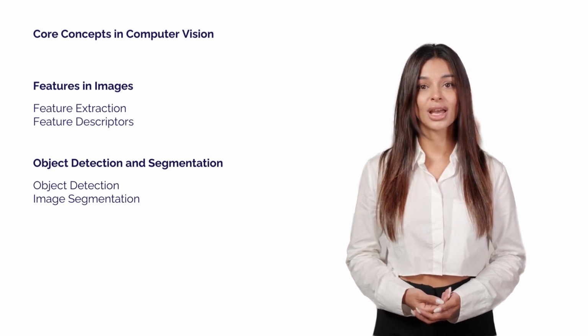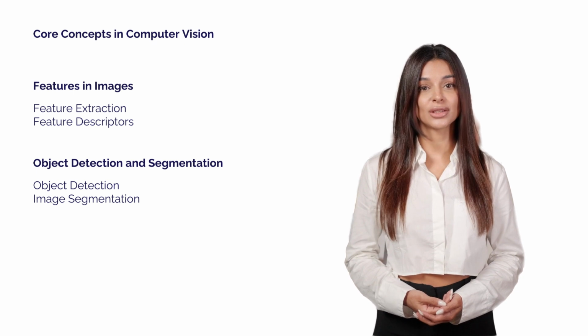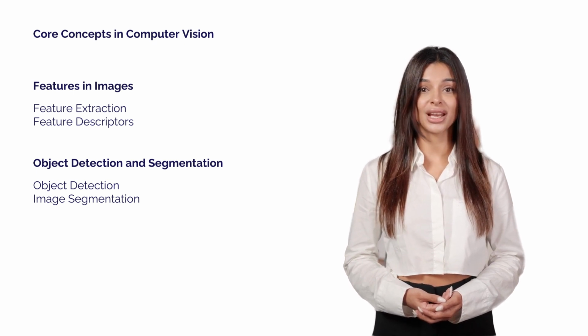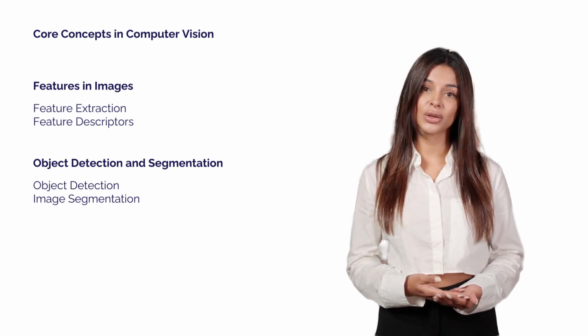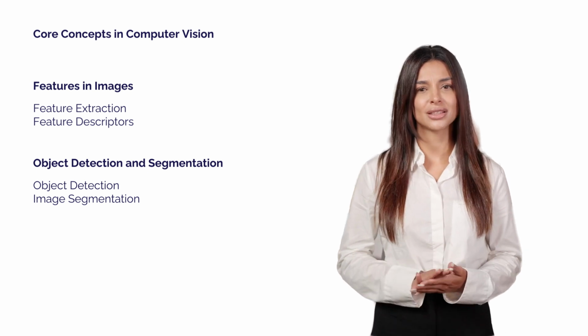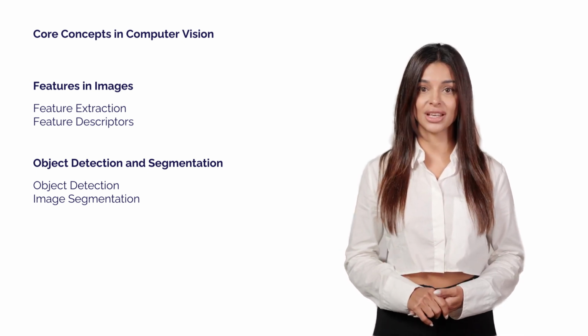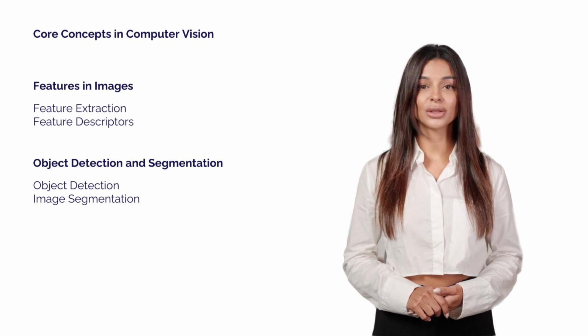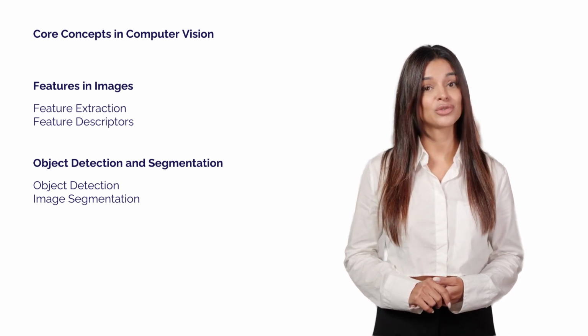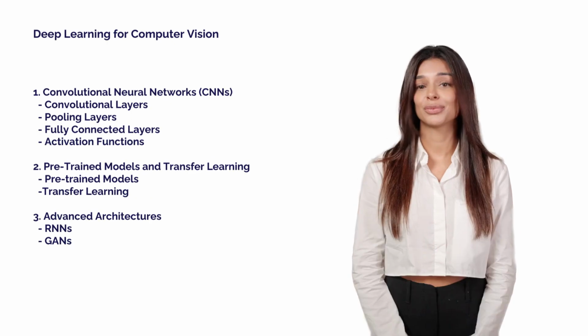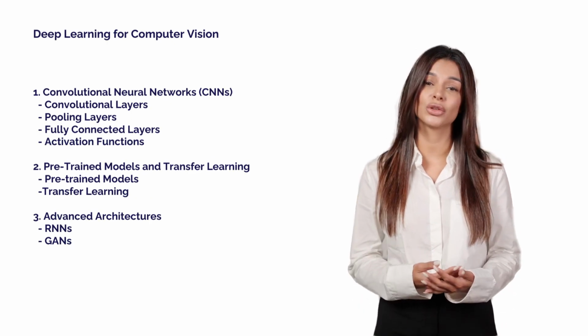There are two main types: semantic segmentation, which labels every pixel by its category, like labeling all the car pixels, and instance segmentation, which labels each individual object instance separately, so you can distinguish between different cars in the same image. Deep learning has revolutionized computer vision.